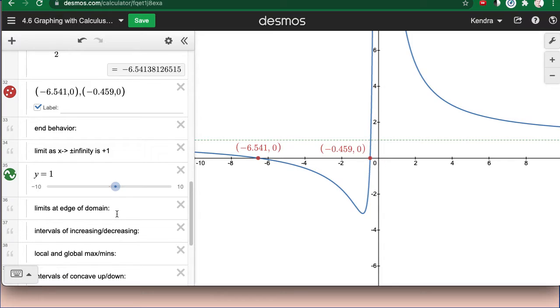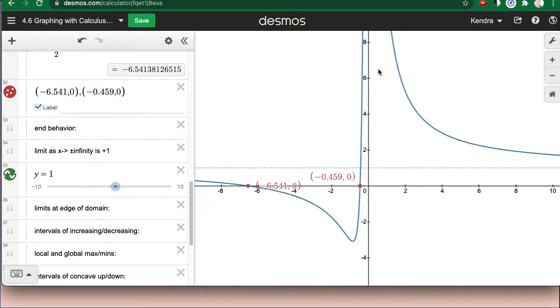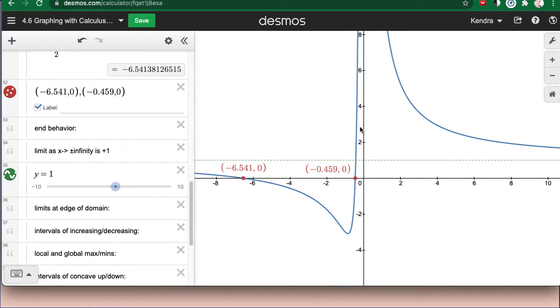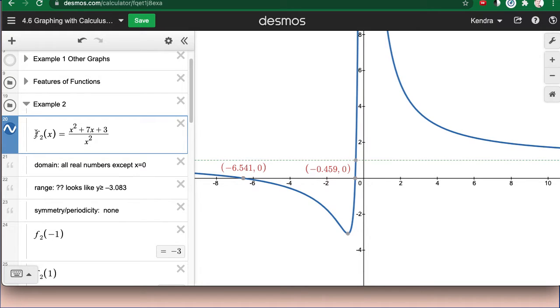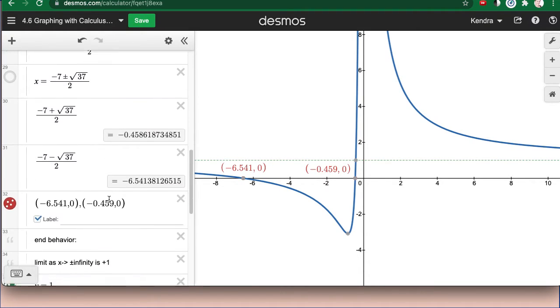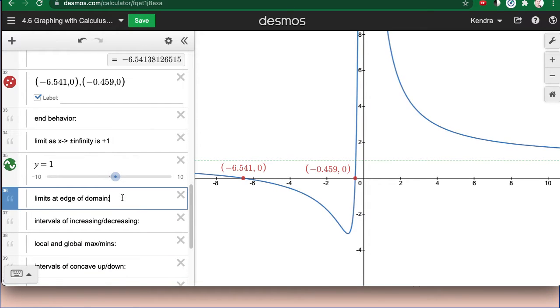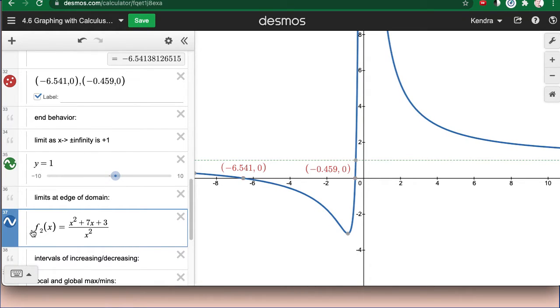At the edge of the domain, that is really x equals 0, which is excluded from the domain. So I would want to look at the limit as x approaches 0 from the left and from the right. Looking back at this function, I'm going to copy and paste that again, and put something in here to make Desmos not calculate anything with that.